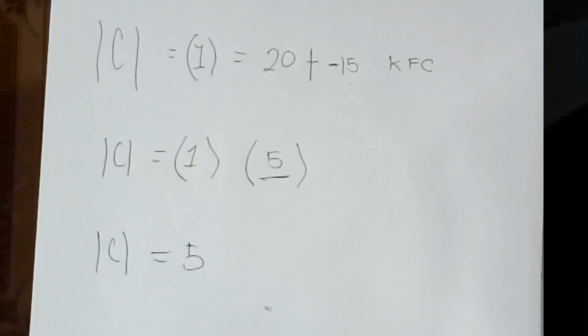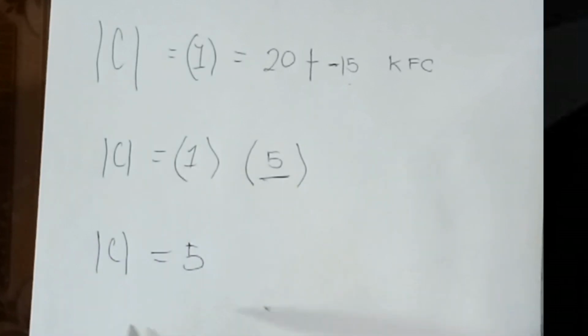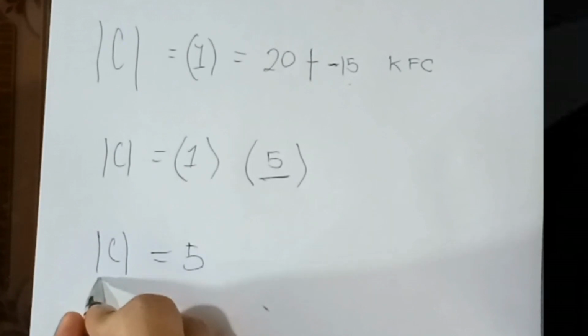Ayan. And then, the C is equals to 1 times 5 is equals to 5. So, ang ating 3 by 3 matrix given ay ang kanyang determinant ay magiging C is equals to 5.